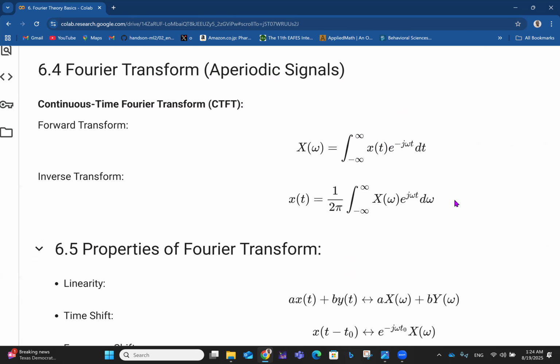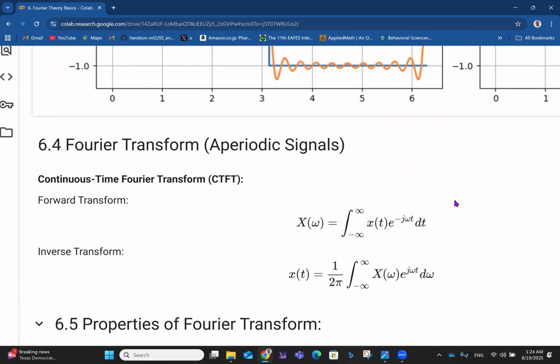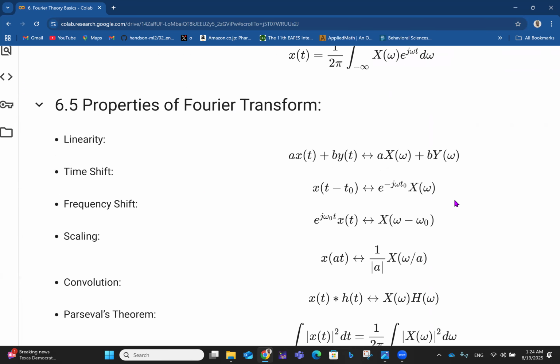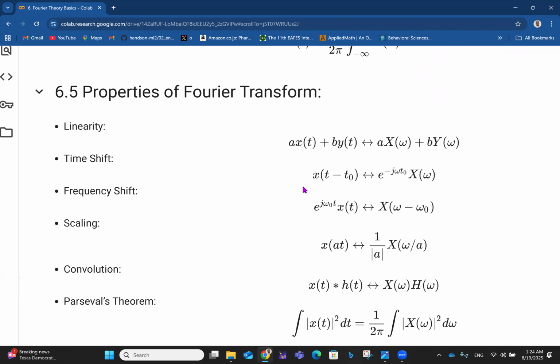So talking about properties of the Fourier transform now. The properties we saw before were for the Fourier series. Here we talk about the Fourier transform in this situation. Again, we have linearity: a times x of t plus b times y of t goes to a times the Fourier transform of x of t plus b times the Fourier transform of y of t, which is Y of omega.